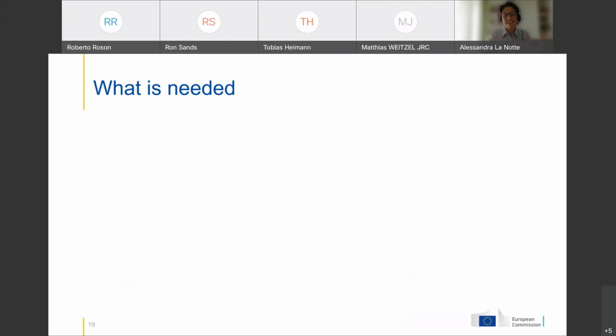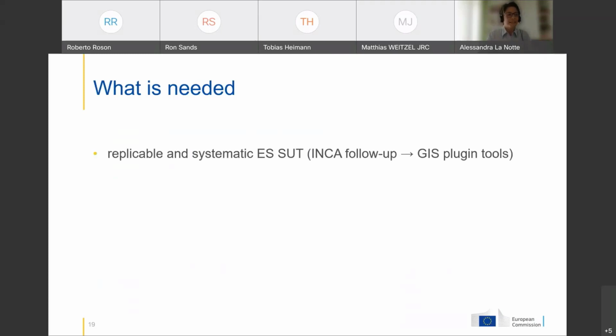That is basically the integrated accounting system: satellite information that consistently links to economic accounts, which are the basis for most economic models and tools. But in order to have it running, what is really needed is a replicable and systematic ecosystem service supply and use table. Now we are in INCA phase 3, the follow-up of INCA.